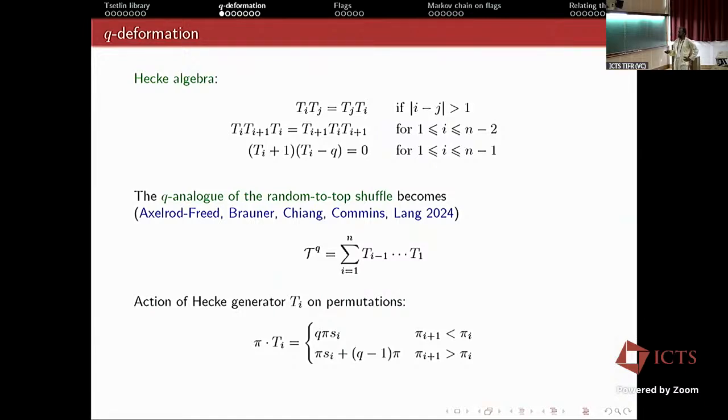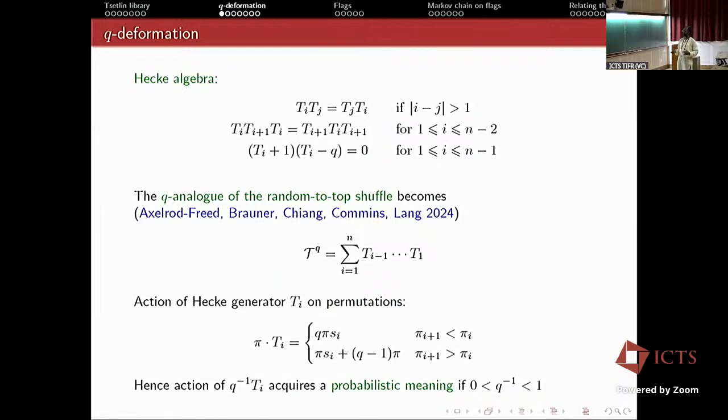But the key point to notice here is that the sum of the coefficients is q. So if I divide by q, this acquires a probabilistic meaning. It's either with probability 1 you flip, or with probability 1 over q you flip, and (q minus 1) over q you keep the same.